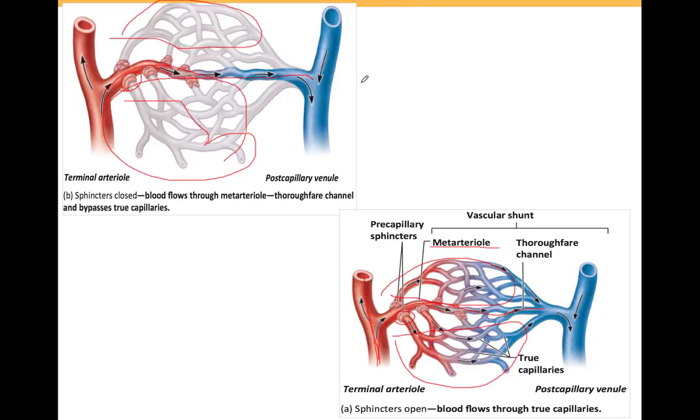So these sphincters are extremely important for making sure blood is moving in the right direction and is distributed to the right region of the body depending on its need.